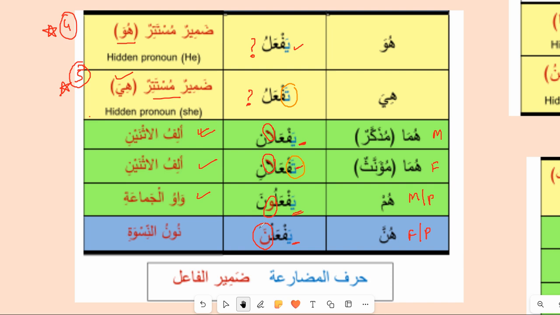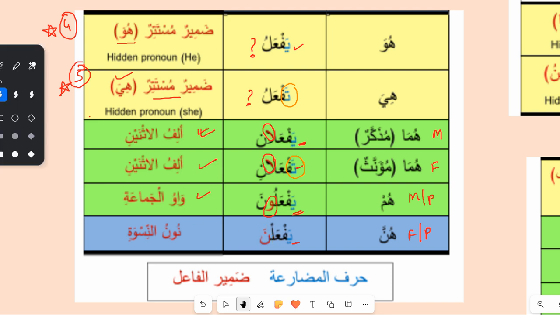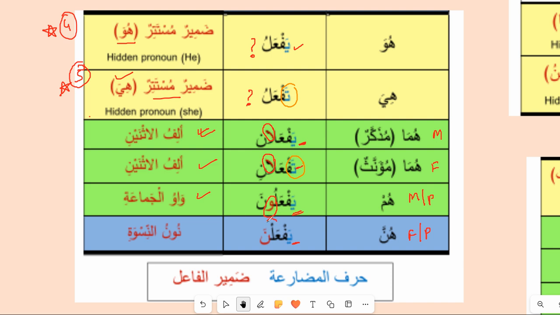We have the fail, and the noon fatha tells you the feminine plural. And how do you distinguish? It's a noon niswa. Check the previous letter, the sukoon will always be there. So it's known as noon niswa. The names of the damirs are similar to what you did in the mukhatib, just that the letter harf mudare has changed.